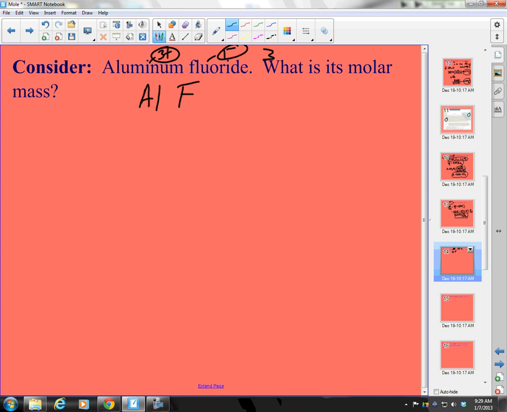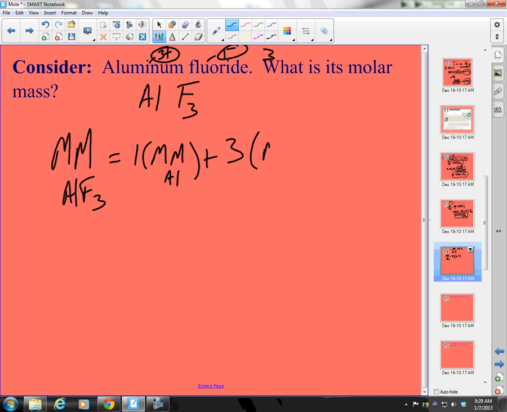How many aluminums do I need? I need 1. How many fluorides? 3. So AlF3. The molar mass of AlF3 is equal to 1 times the molar mass of aluminum plus 3 times the molar mass of fluorine.